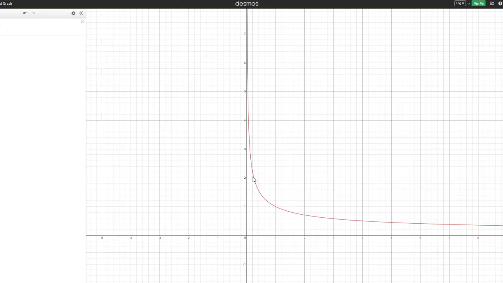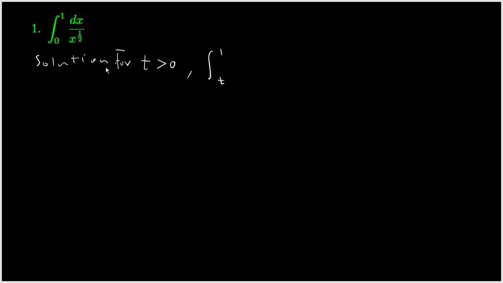The geometric meaning is the area under the curve from t to 1. As long as you make t slightly to the right of 0, then the integral is defined. You make t slightly to the right of 0, the integral from t to 1 is defined, right? We'll compute that.